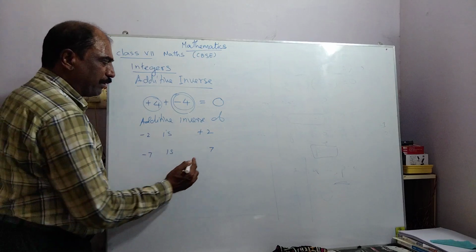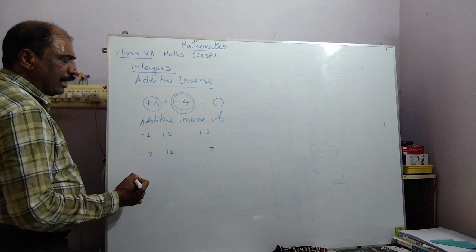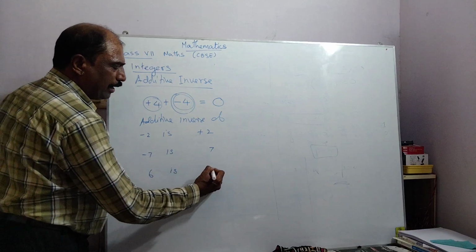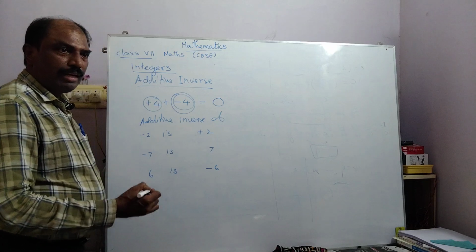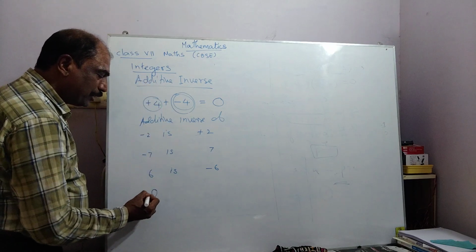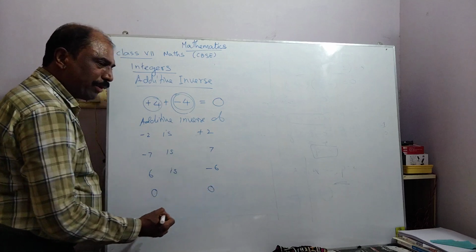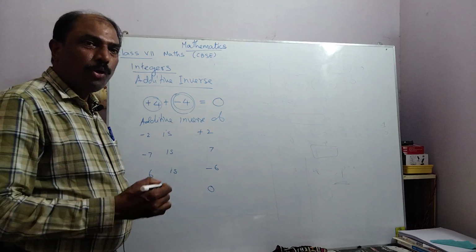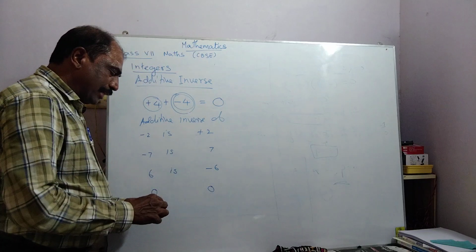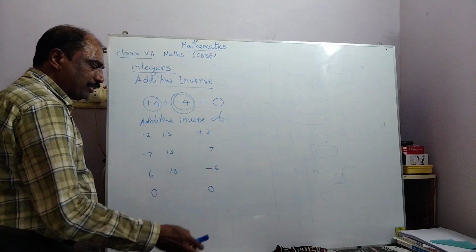What is the additive inverse of 6? It is minus 6. Then 0 is also one of the integers. What is the additive inverse of 0? It is 0 only, because 0 will not make any change while adding to any number.